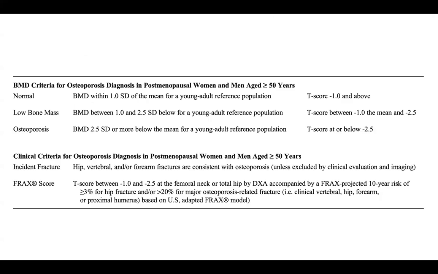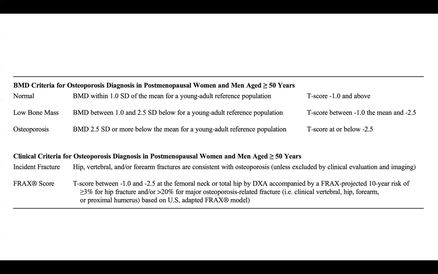So making sense of these scores, I think most of us have a basic understanding of the T-score. It's normal if it's -1 and above. We consider it low bone mass or osteopenia from -1 to -2.5, and osteoporosis at or below -2.5. What's also interesting here is that we can also have clinical criteria for osteoporosis diagnosis in postmenopausal women and men over the age of 50.